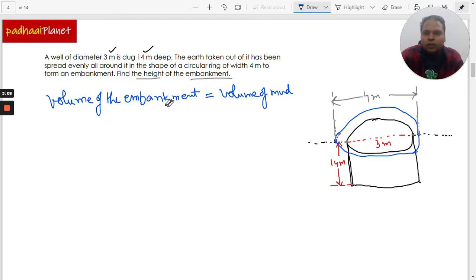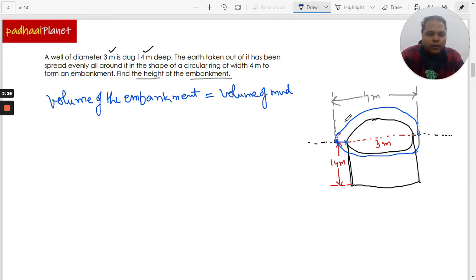Now the volume of the embankment is in the cylindrical form, which is hollow, and the width of the cylinder can be calculated, right? We will just calculate it.